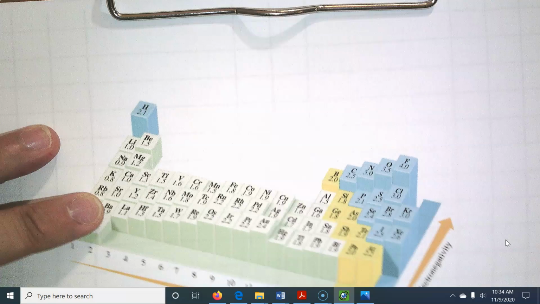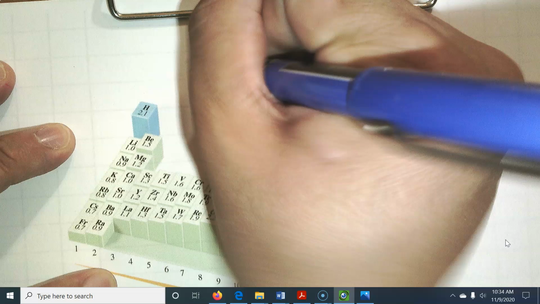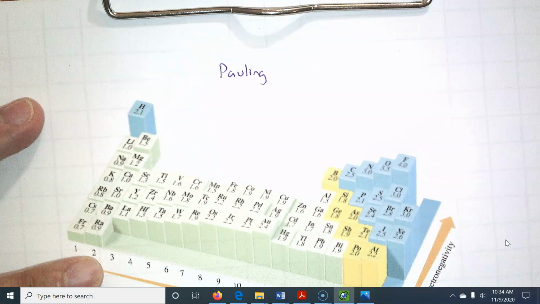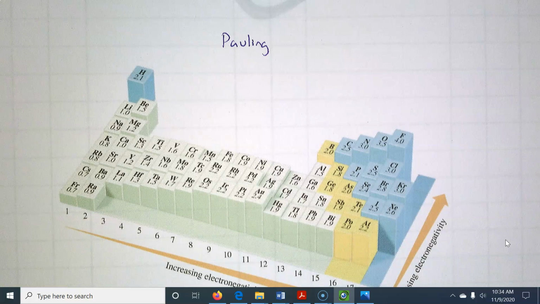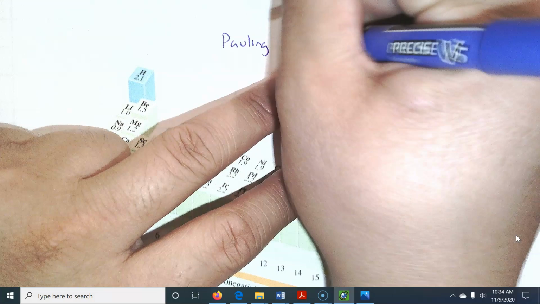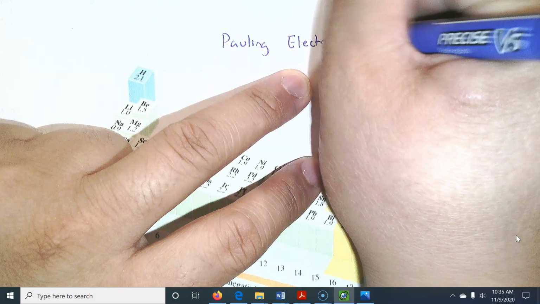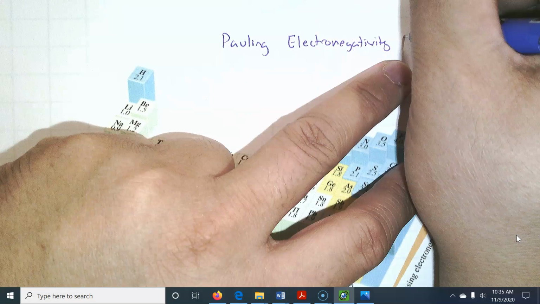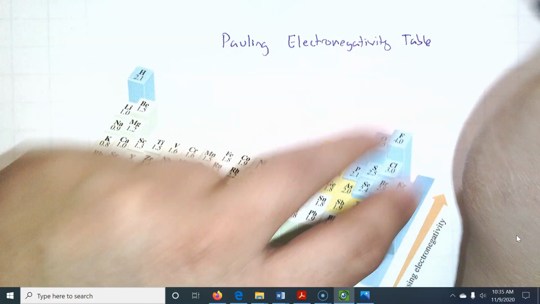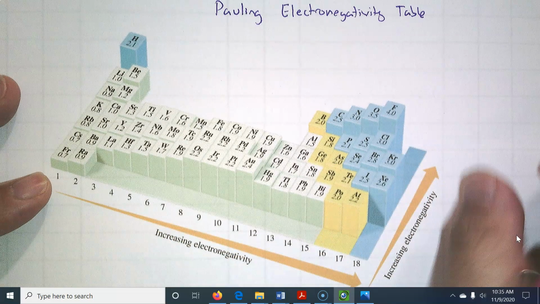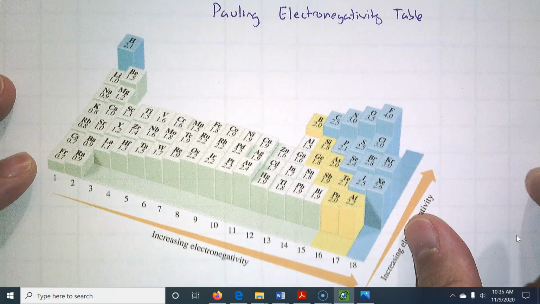So this is Pauling, for Linus Pauling. Pauling electronegativity table, or chart.